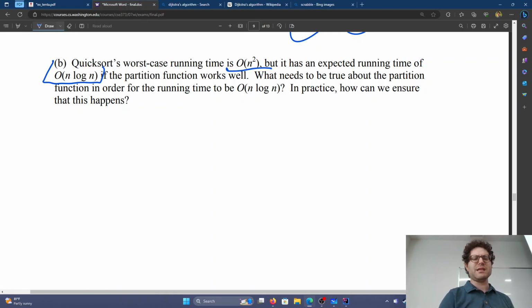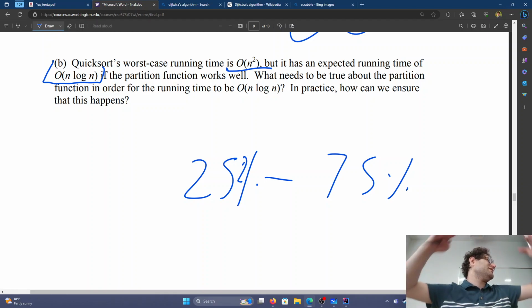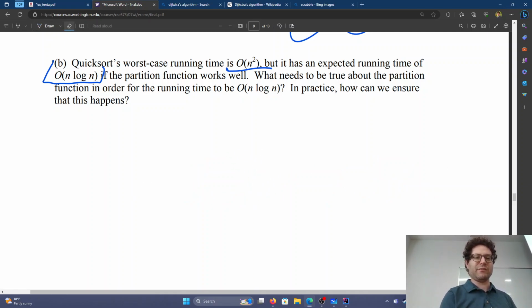And by close to the median, I need it to be between the 25% and 75% percentile, if that makes sense. That will ensure that, on average, everything gets divided by half. In practice, how do you assure this happens?